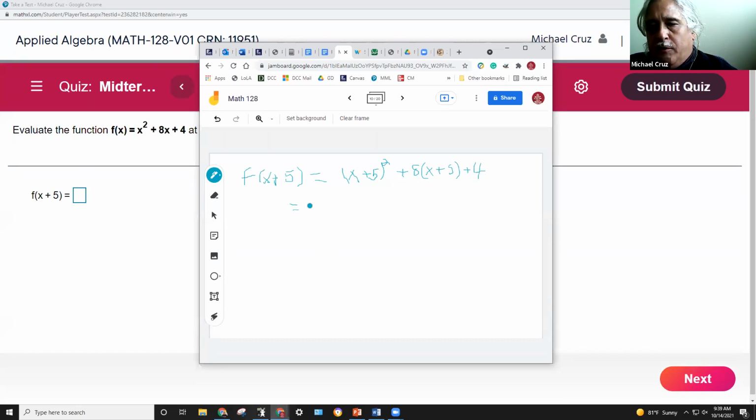So again, I'm going to do this the fast way. You can pull it out if you like. Collect like terms.